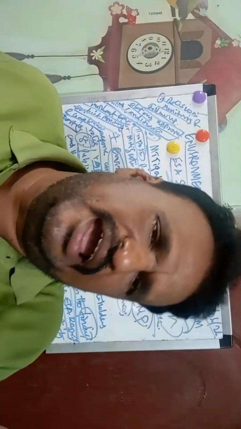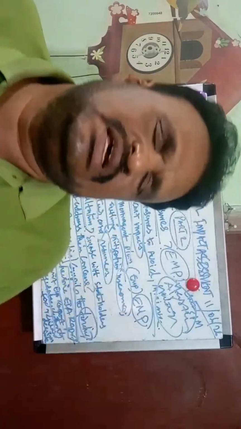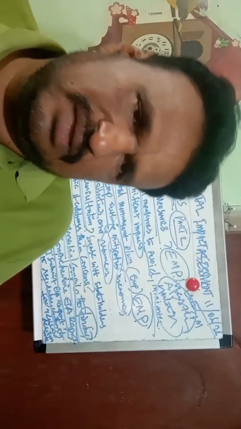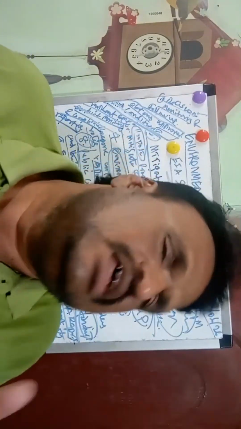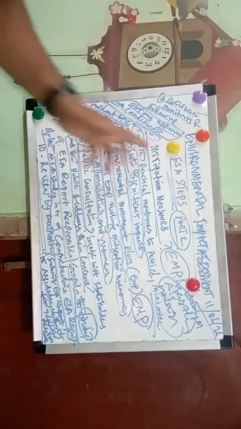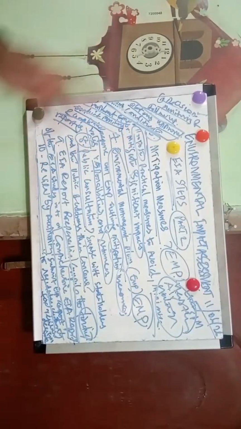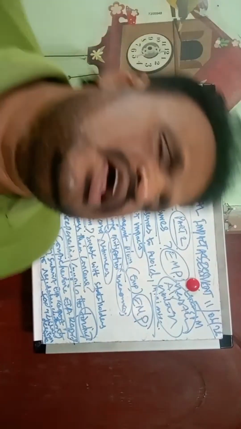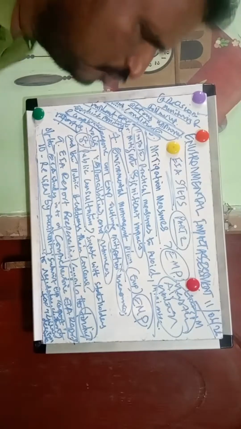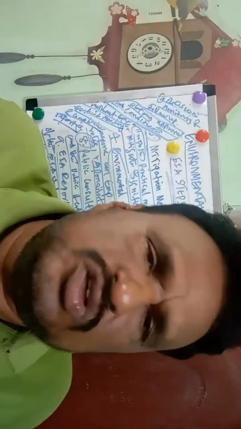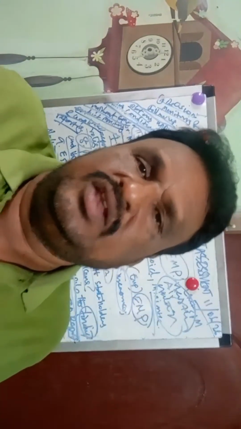So for EIA, what we have seen are the steps. In part 1, we have seen steps 1, 2, 3, 4, 5. This is part 2, we have seen 6, 7, 8, 9, 10, 11. There are 11 points for EIA. So in this EIA, you can continuously follow. Those who have the knowledge, okay.